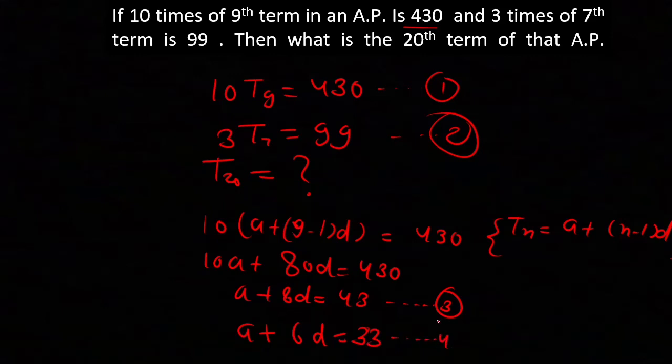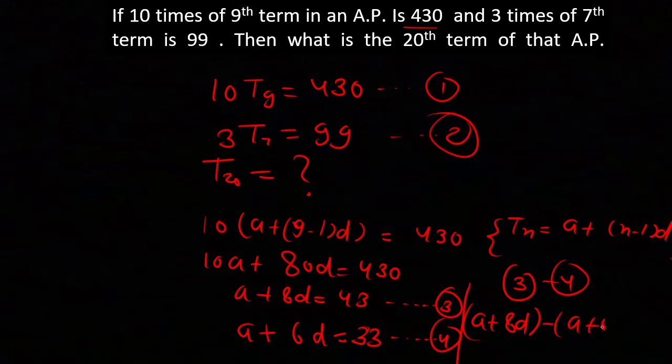This is equation number 4. If we subtract equation 4 from equation 3, we get a plus 8d minus a plus 6d is equal to 43 minus 33. So 2d will be 10 and from here d will be 5. So the common difference of that series is 5.